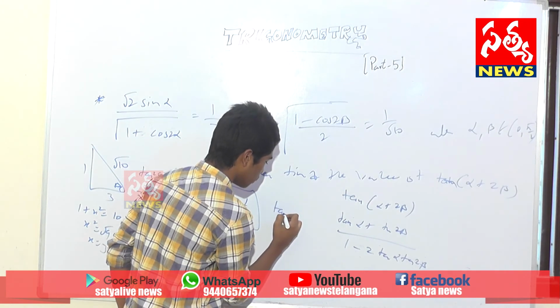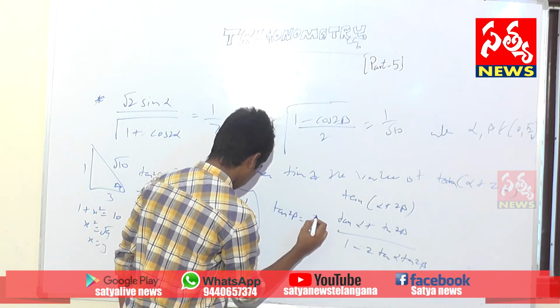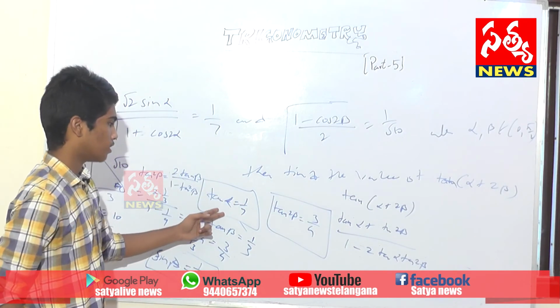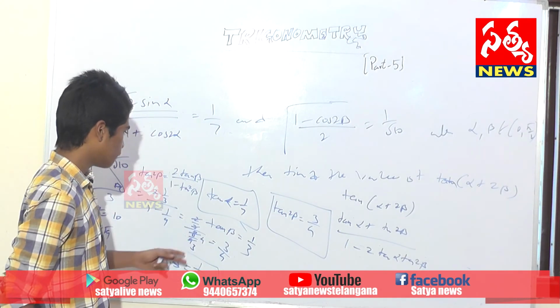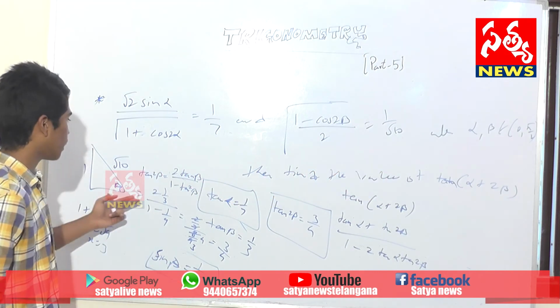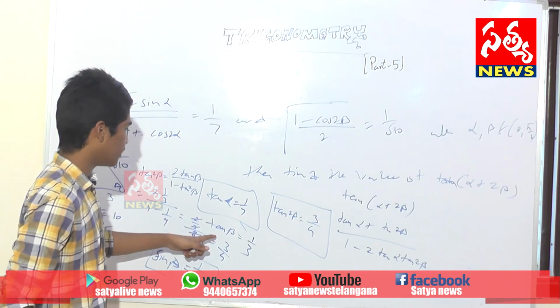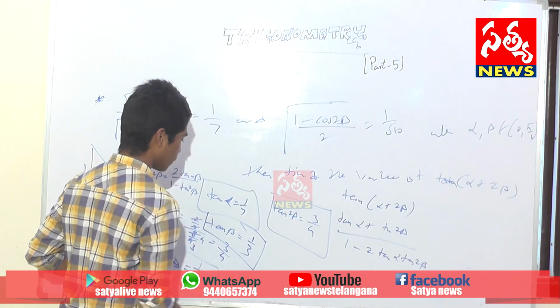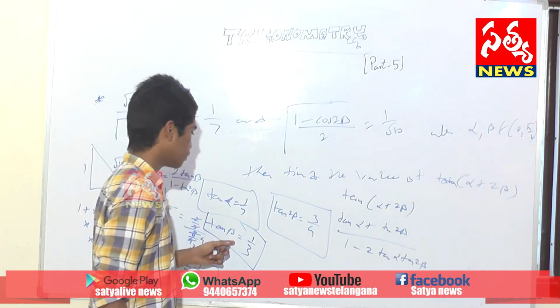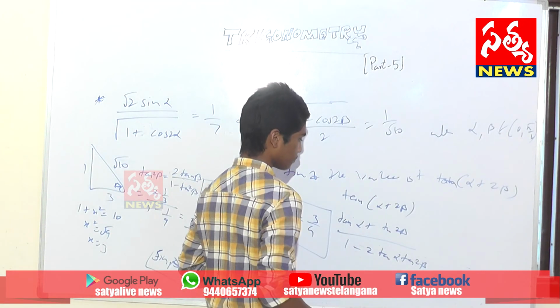So tan 2 beta's value is 3 by 4. Tan alpha value is 1 by 7. Sin beta value is 1 by root 10. From there we have derived tan beta value, which is 1 by 3, and we have calculated tan 2 beta value as 3 by 4.